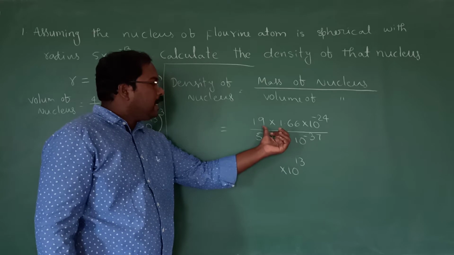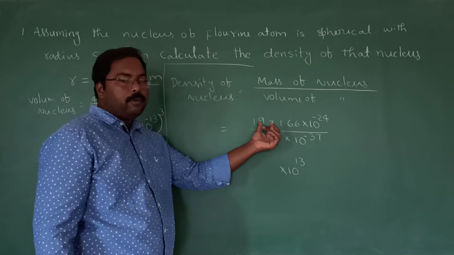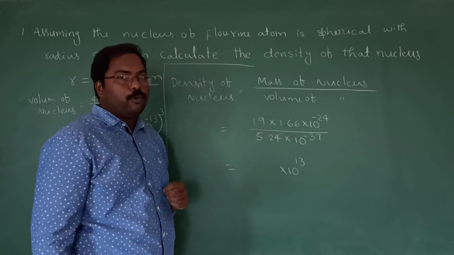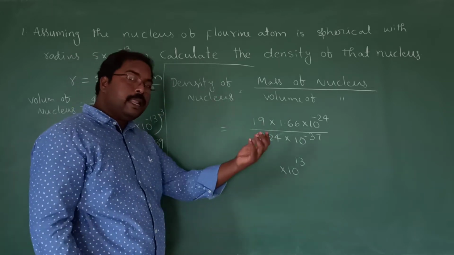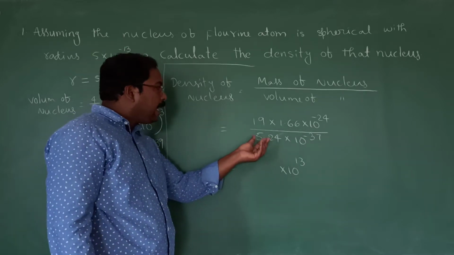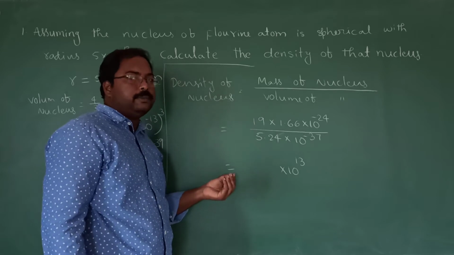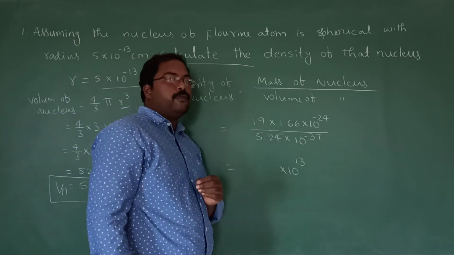Nearly, if you do the calculations, 5 will be cancelled in 19 around 4 times. But 5.24 will be cancelled less than 4 times, because 4 5s are 20, so it will be cancelled here less than 4 times. Here we have more than 1.5.